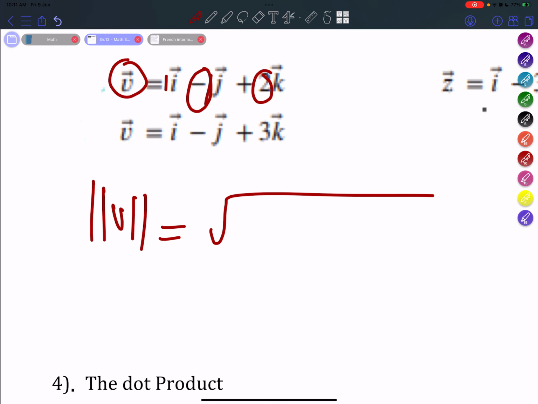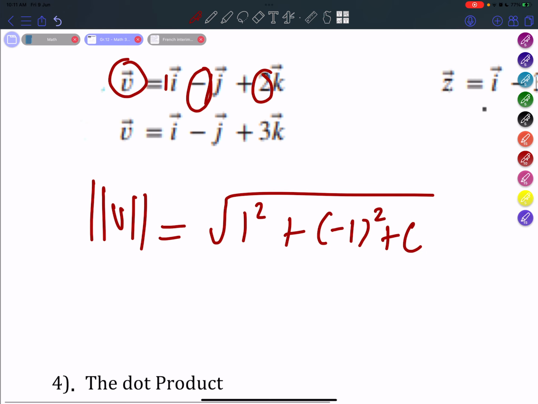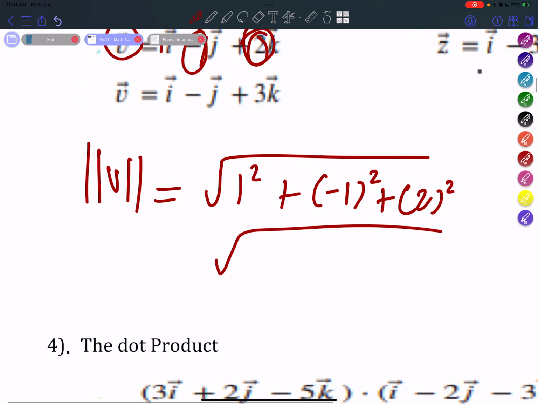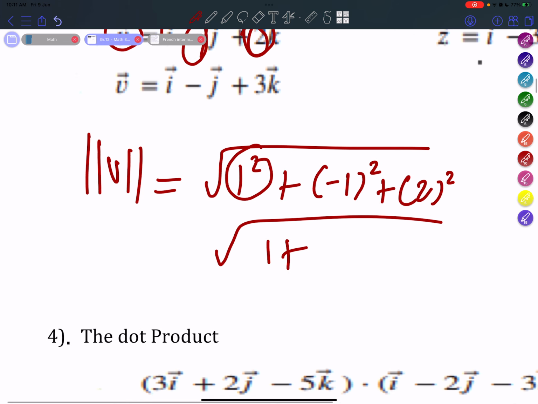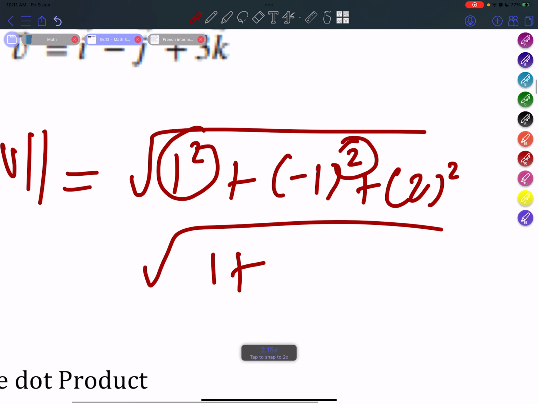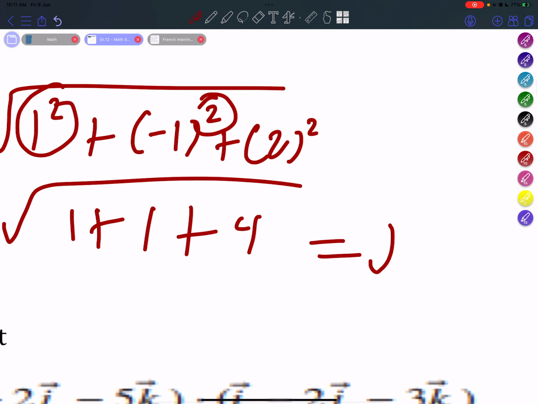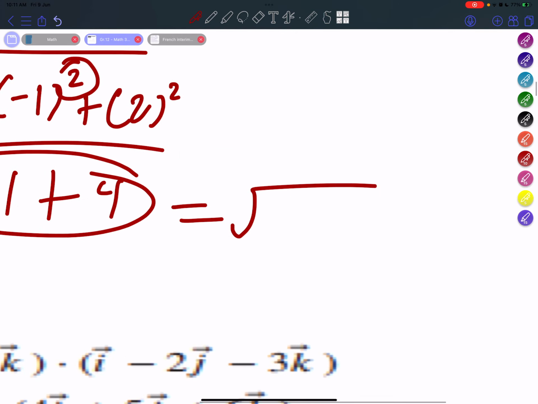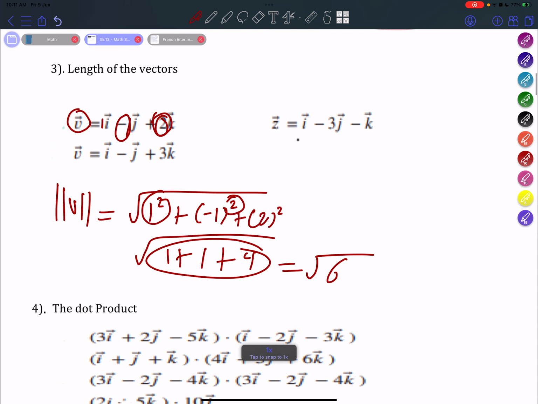So 1 square plus negative 1 square plus 2 square. Since the square of a negative is always positive, it will be plus 1, and then plus 2 square, which is 4. Now we can add them and we will get root of 6.